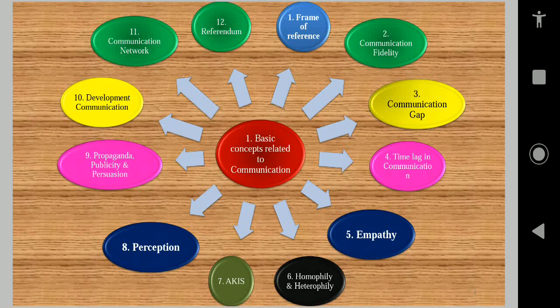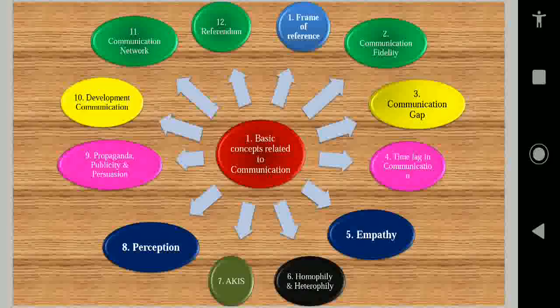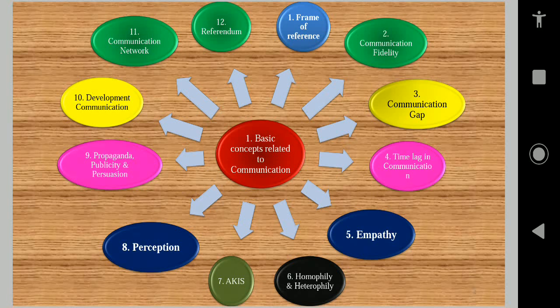Then we repeat the message at suitable intervals, again and again. Then prevent distortion of the message, that is, disturbance in the message, deletion or addition of extra words that are not required, and deviation from the message.